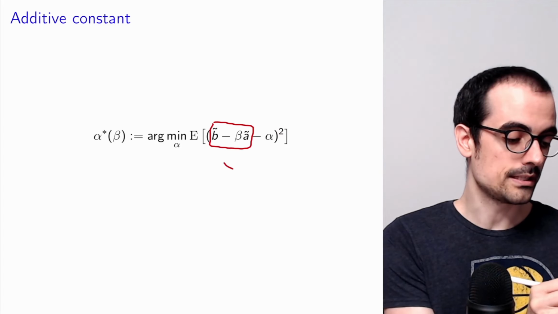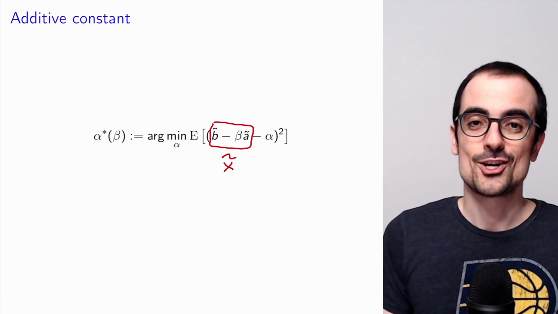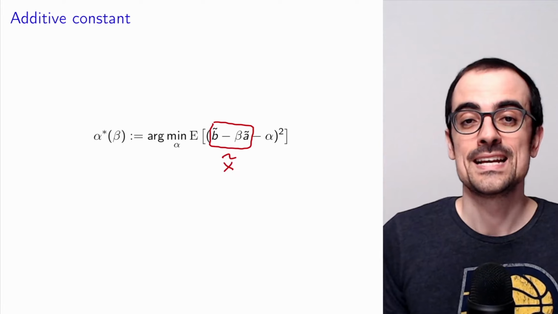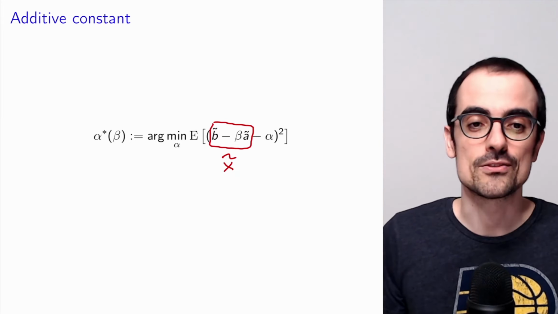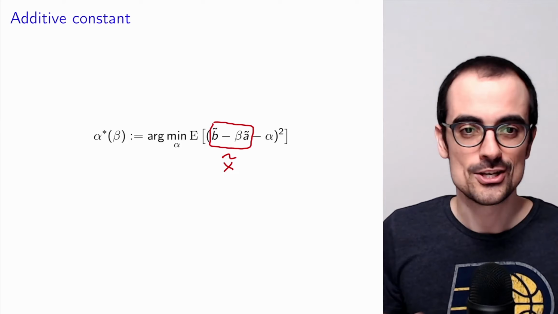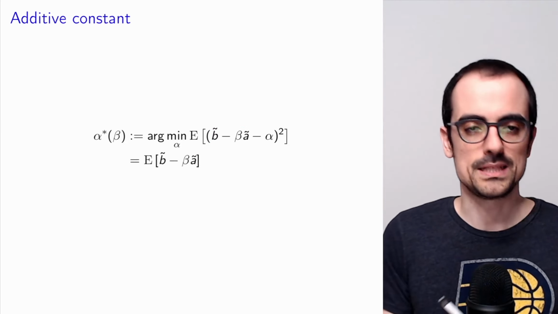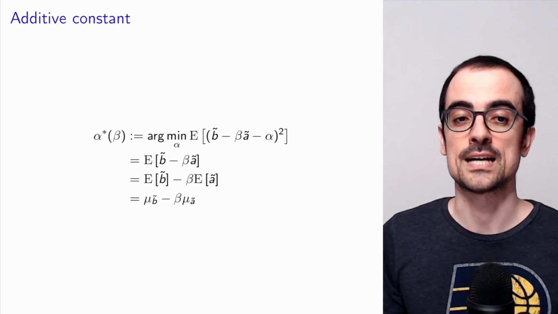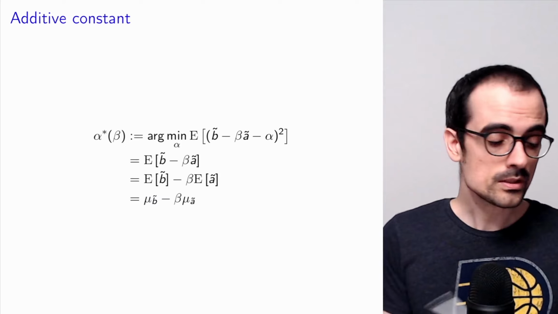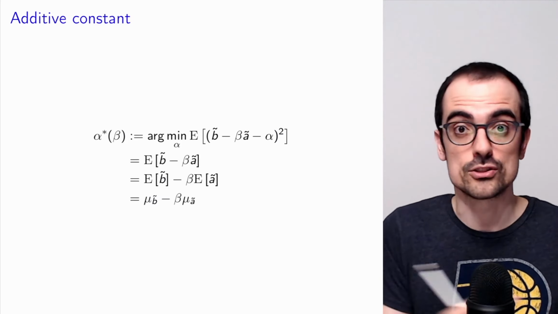You can call this a random variable x. What is the best constant estimate of x given nothing? It's its mean. So we can directly set alpha equal to the mean of b minus beta a, which is just equal to the mean of b minus beta times the mean of a.